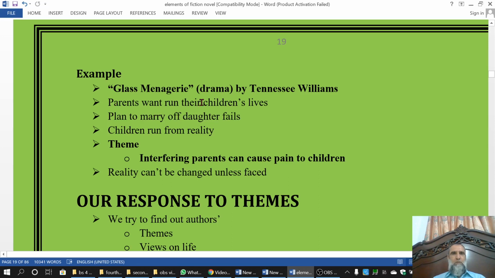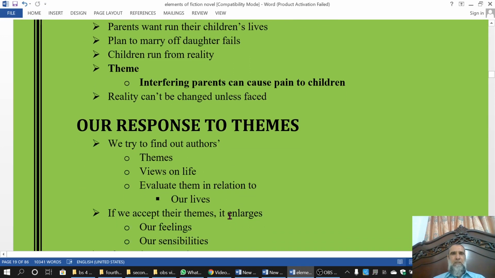There are parents who want to run their children's lives, and plan to marry off their daughter. These parents are intruding sort of parents, and this marriage also fails. Their children actually run from reality due to the parents' intrusion, and the theme emerges that interfering parents can cause pain to children, so they should not be interfering. Reality can't be changed unless faced. This is another theme which emerges.